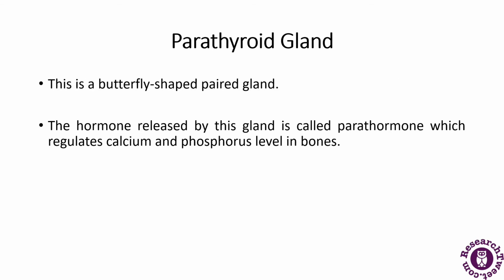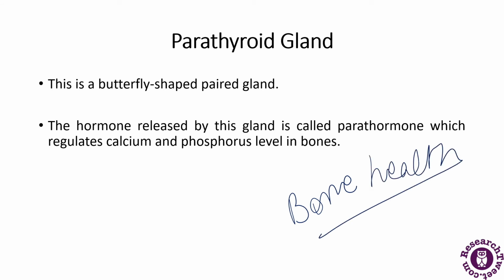Now there is the parathyroid gland. It is a paired gland, a set of 4 small glands which are behind your thyroid gland, and they play a main role in bone health. This gland controls your levels of calcium and phosphorus.